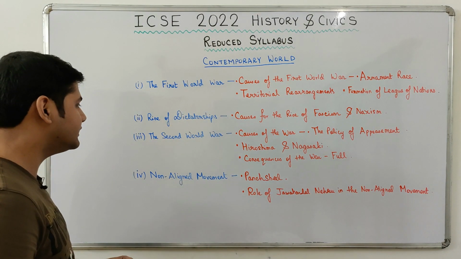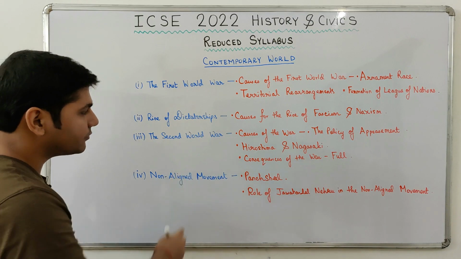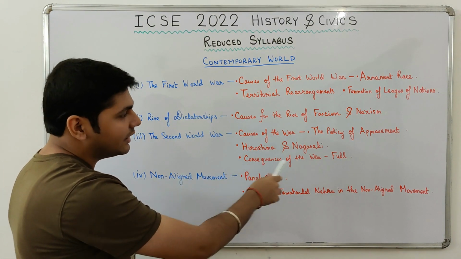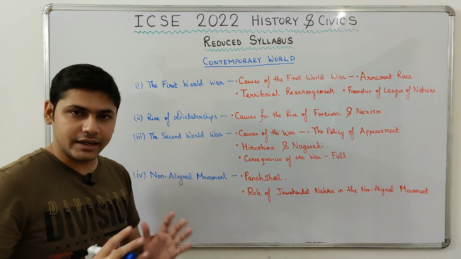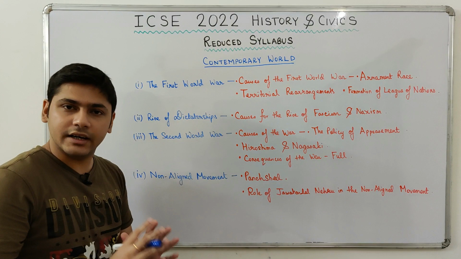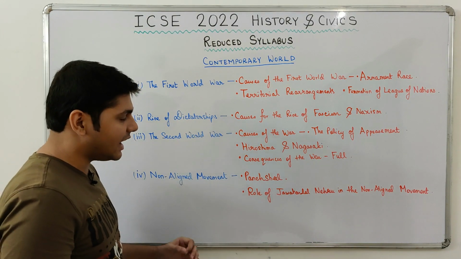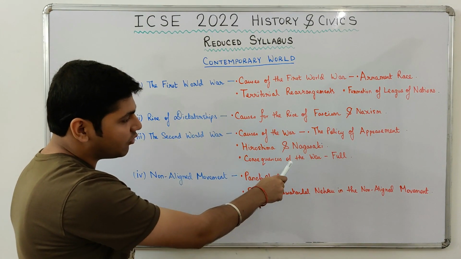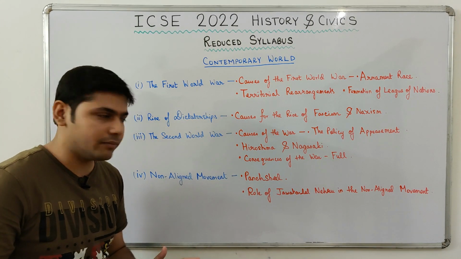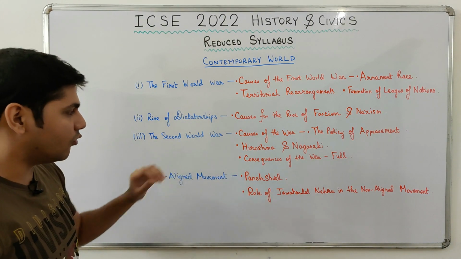Coming to the next chapter, which is the Second World War. From the Second World War, from the section Causes of the War, the policy of appeasement has been removed. The events of Hiroshima and Nagasaki has been removed, and the entire topic of consequences of the war has been removed. So you don't have to study these things from the chapter the Second World War.